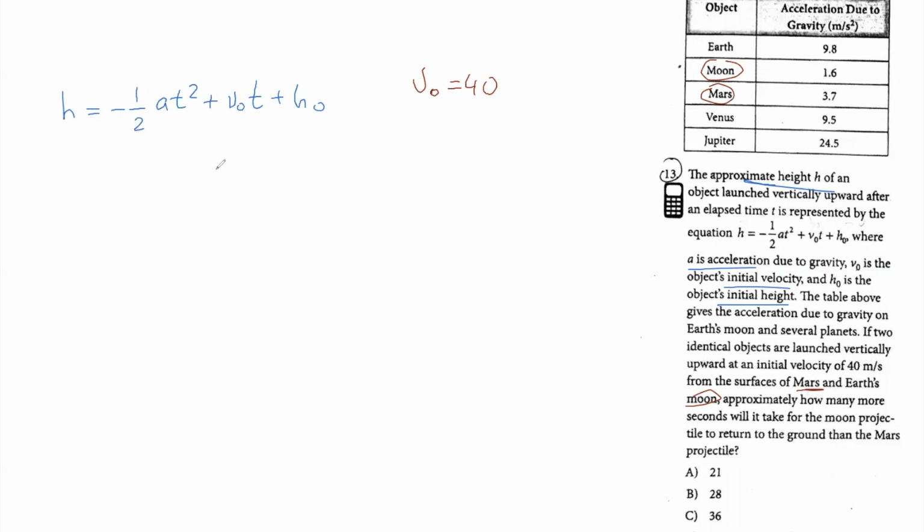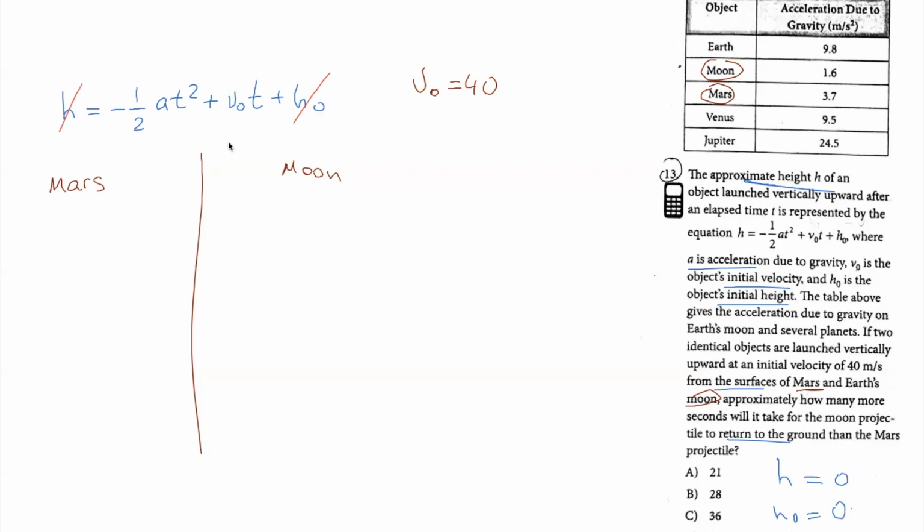We are going to use the same formula for the Mars and moon. When it returned to the ground, it means h is equal to 0, right? And they say here, if two identical objects are launched vertically from the surface, it means initial height is also 0. So h0 is 0 and h is 0.